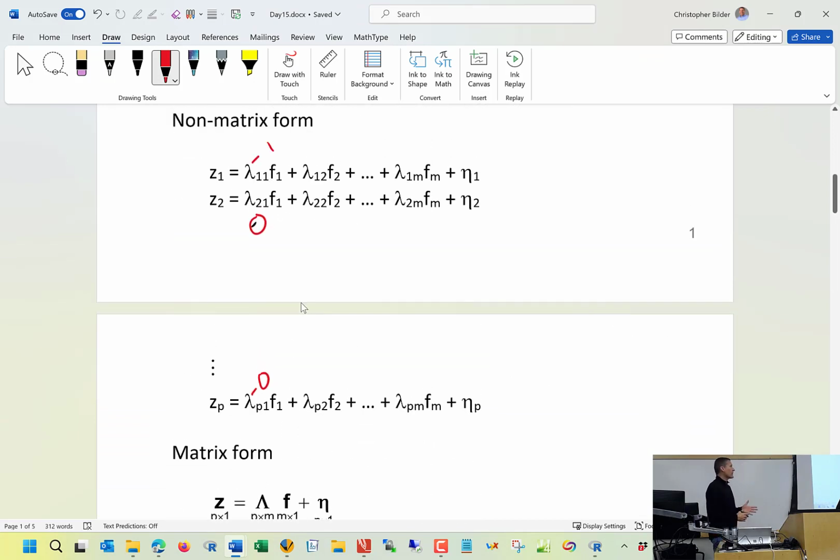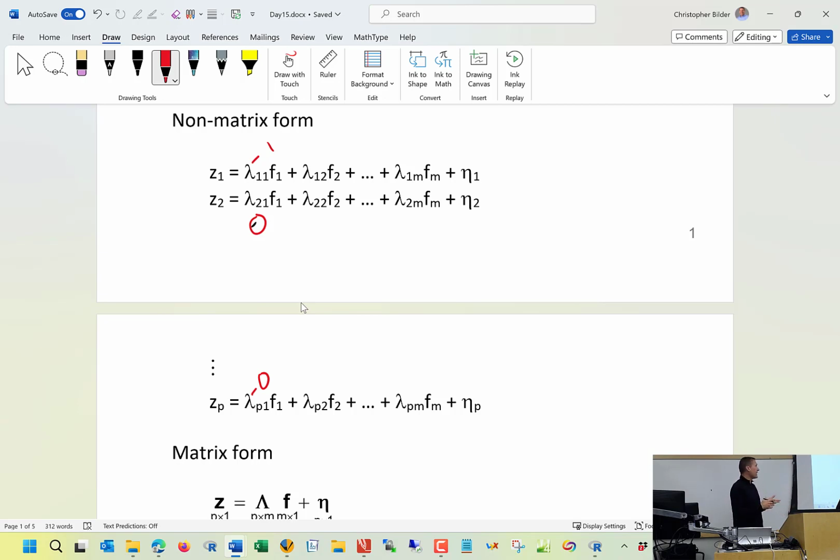So focus on the first common factor. If all my lambdas were 1, -1, or 0, that would really help me interpret what F1 is in terms of the z's. And so that's why we want to try to choose a T such that that can happen, or get as close as possible to that happening.